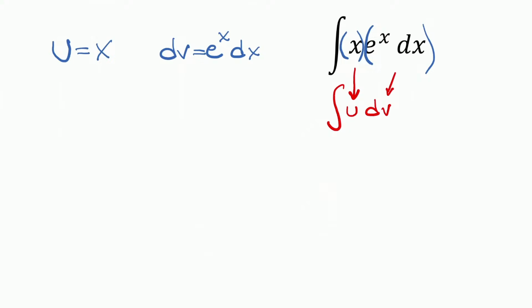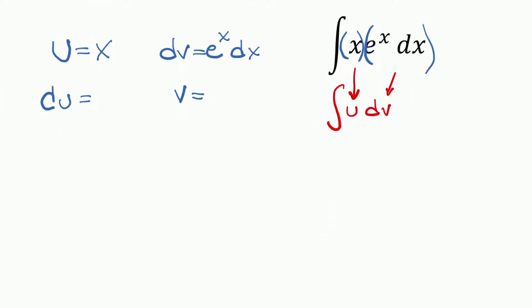Okay, so I've got u and my dv. Here's how this shakes out: I'm going to use the u and the dv to get du and v. I know it's still confusing, so many letters, but we're going to work through this with a number of examples.